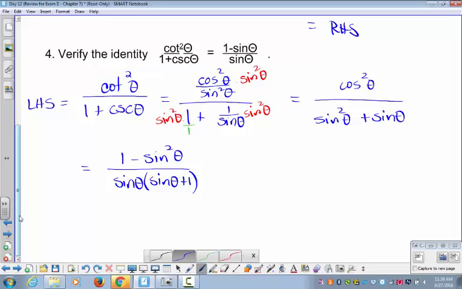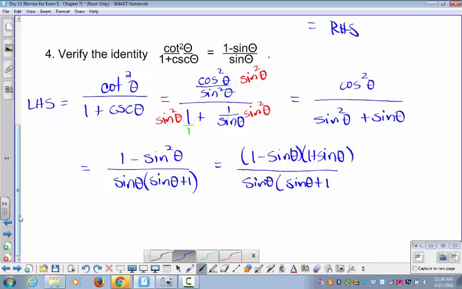That numerator factors. That's a difference of squares. It factors into 1 minus sine of theta times 1 plus sine of theta over that same denominator. And you see a common factor? It's written in a different order, but the commutative law of addition applies.